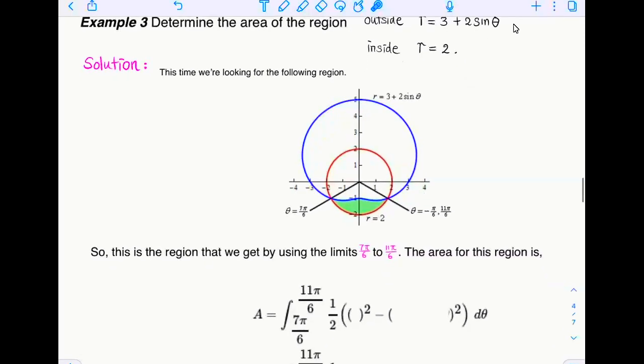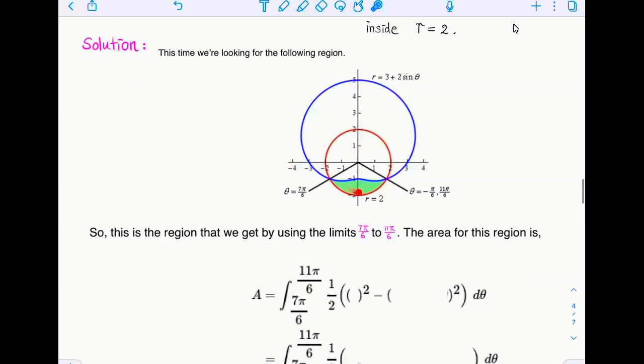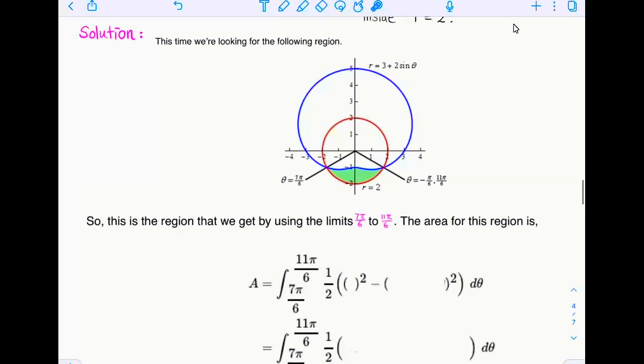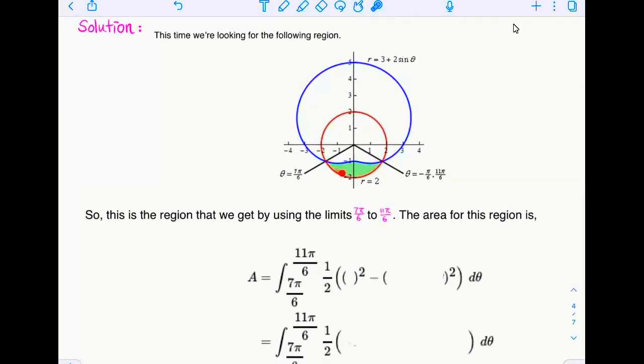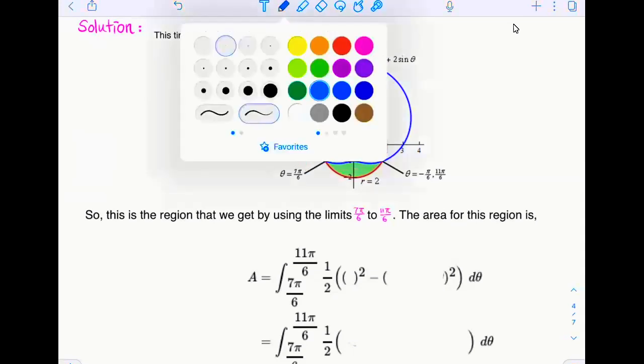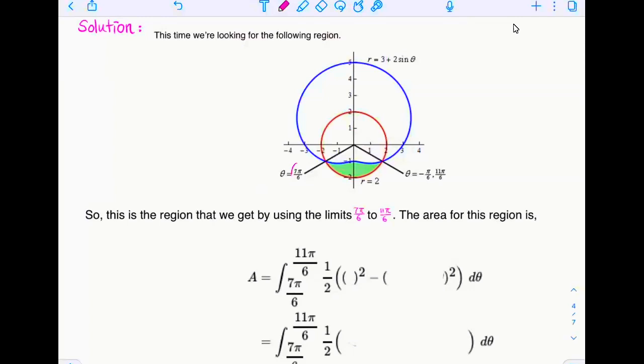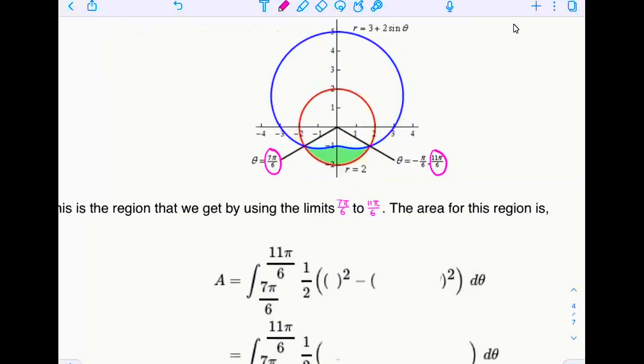We've already found the theta values here and here. So to find this area, we're going to use from this, to the bigger one, which is 11 pi over 6.